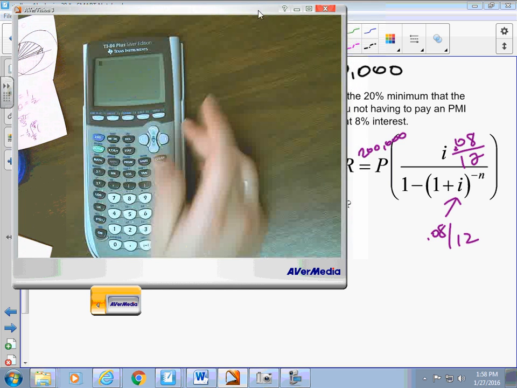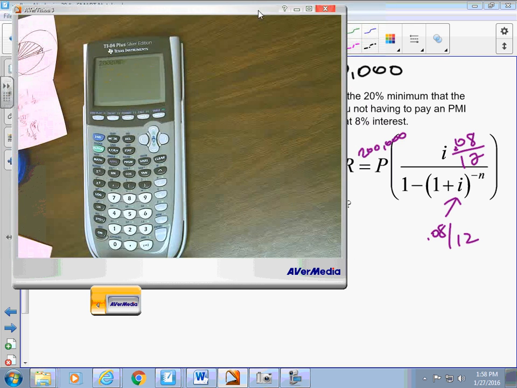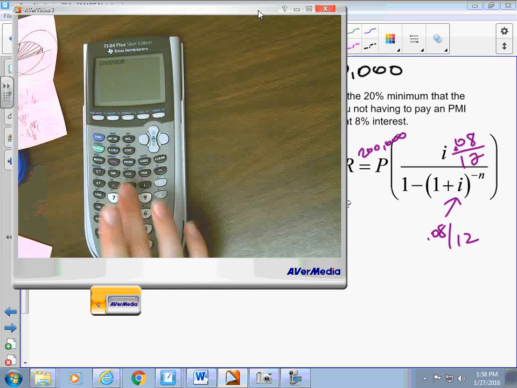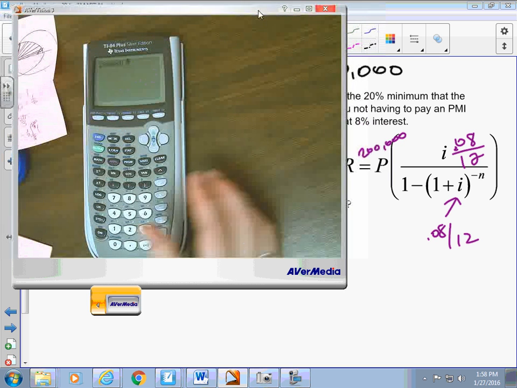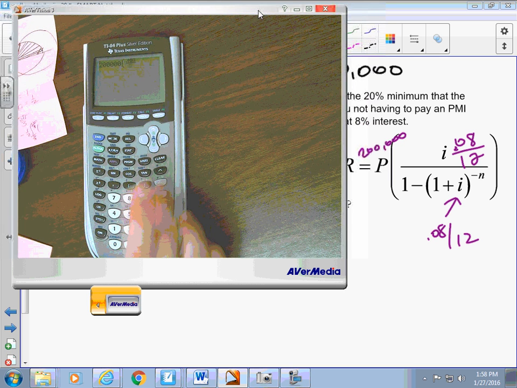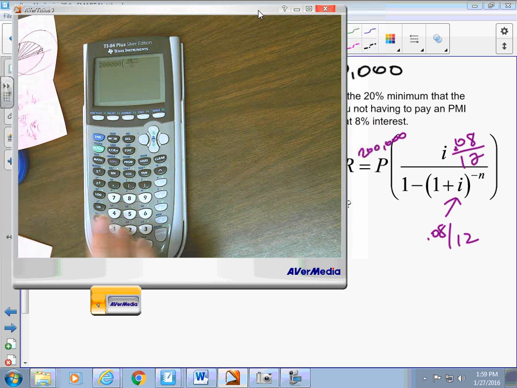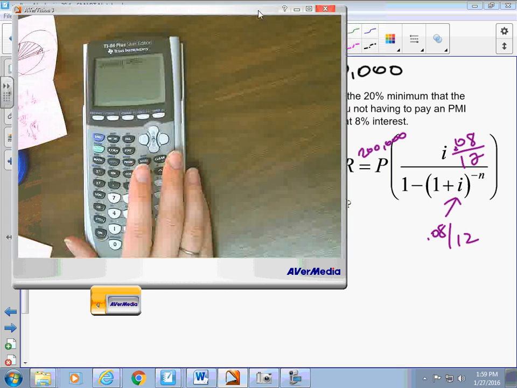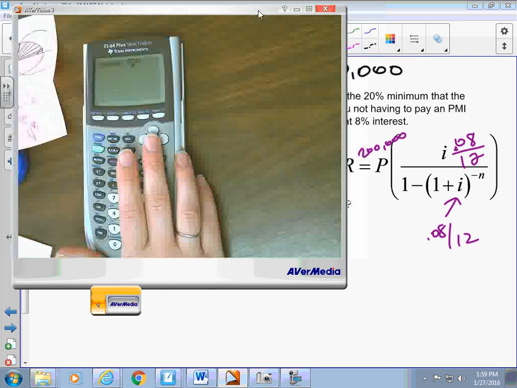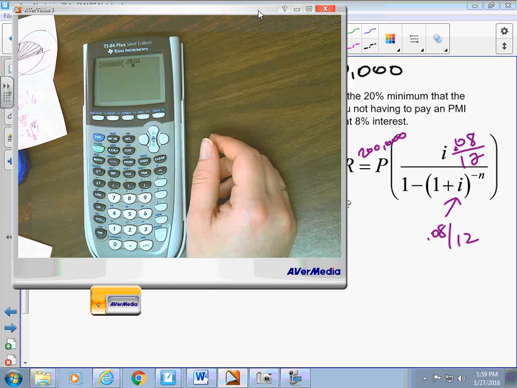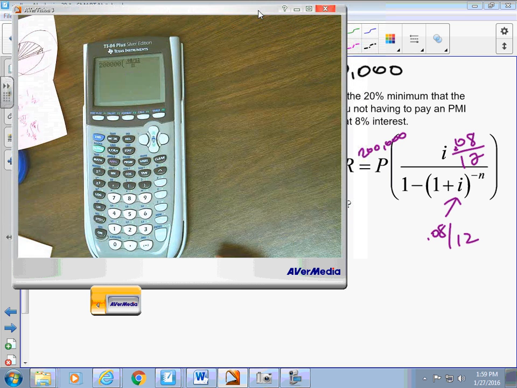So I'm going to type 200,000, and then I'm going to open a parentheses, and I'm going to use a fraction bar. On the top of that fraction bar, I'm going to put 0.08 divided by 12. I don't generally use a fraction bar there. You can if you want to, but then you get fraction bars inside of fraction bars. Fraction bar inception, yes.